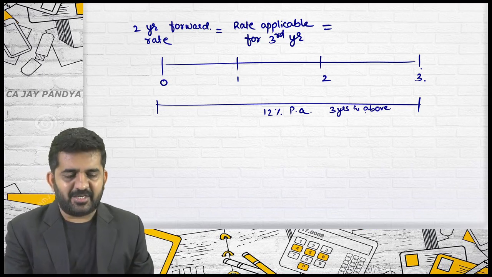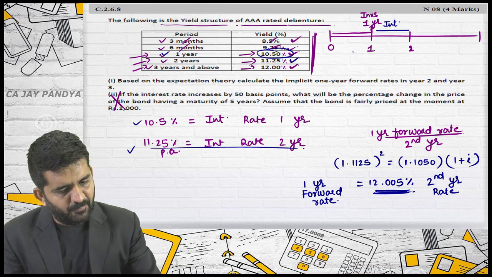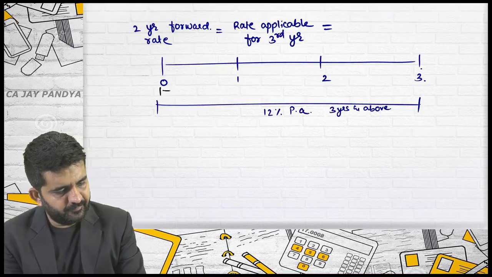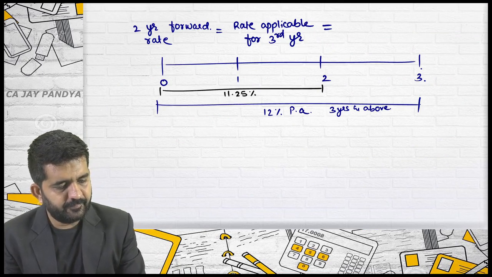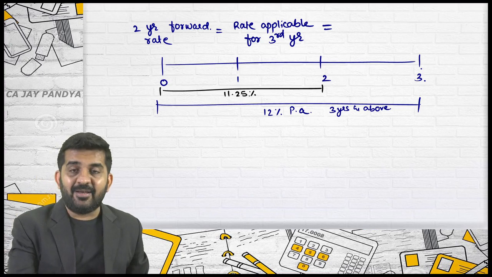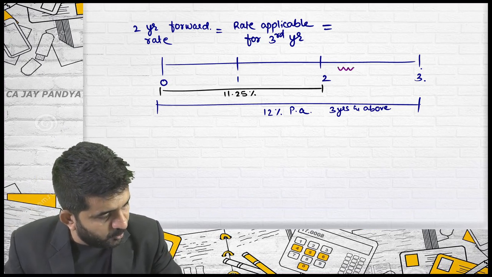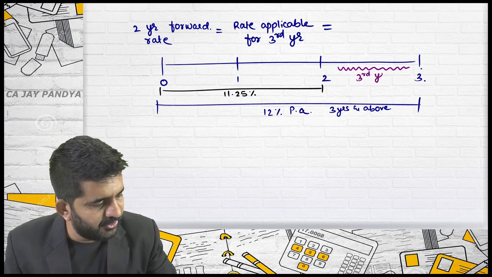What is the interest rate if I am borrowing for 2 years? If I am borrowing for 2 years, it is 11.25%. What is my requirement? What do I want to find out? I want to find out this rate, the third year's rate.